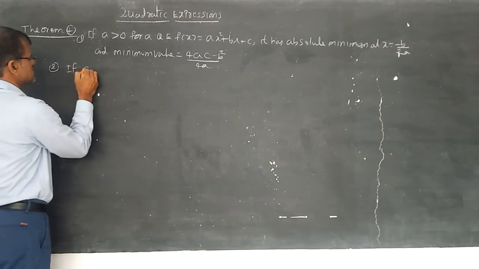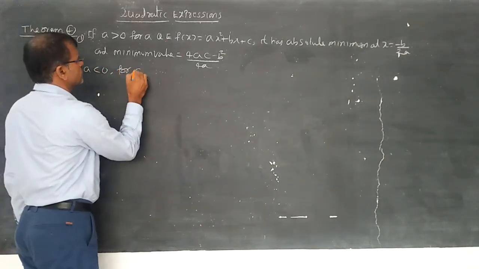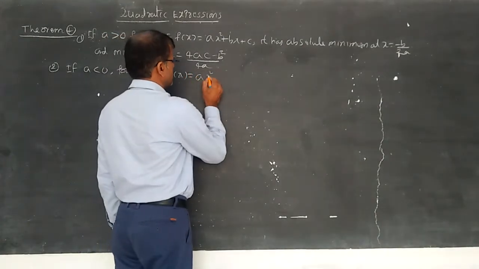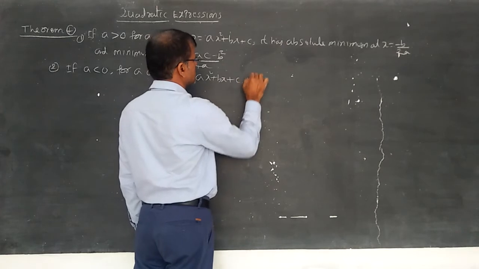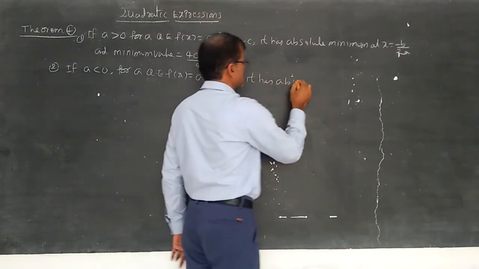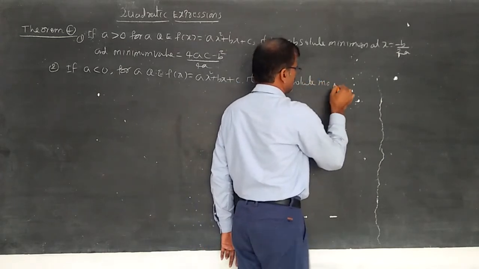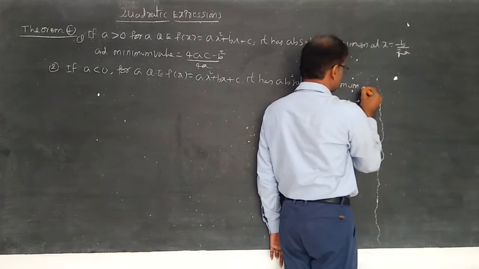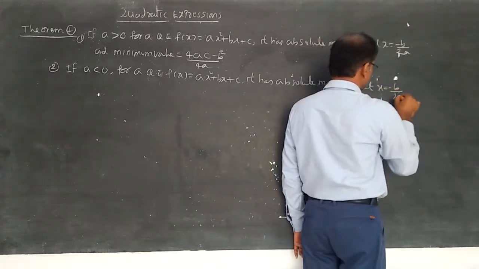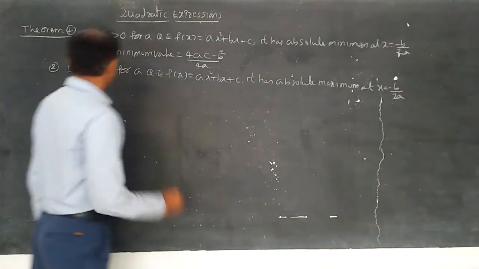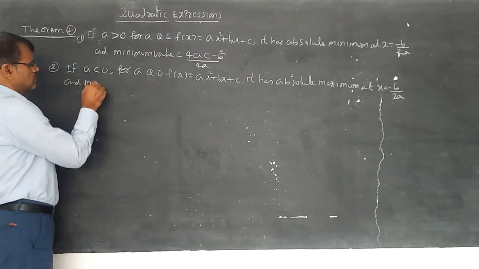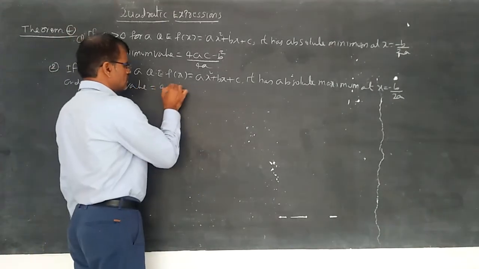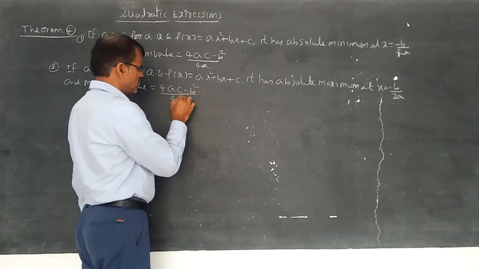In the theorem, this is the second case. If a less than 0 for a quadratic expression f of x is equal to ax square plus bx plus c, it has an absolute maximum at x is equal to minus b by 2a, and the maximum value is equal to 4ac minus b square by 4a.